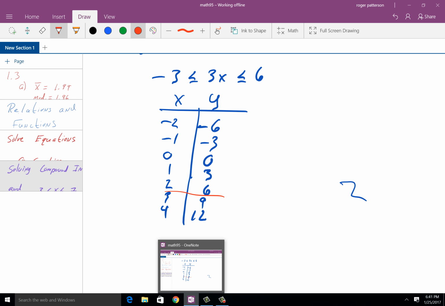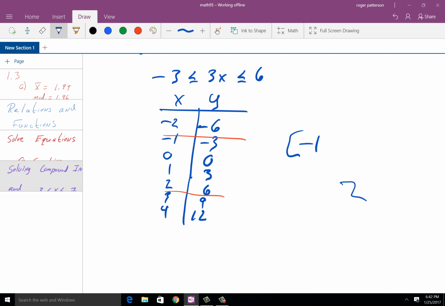Yeah, my table's not very good. So my answer would just be interval notation: parentheses, -1, comma, 2, parentheses, because those are the x's that correspond with these, and everything else is good.